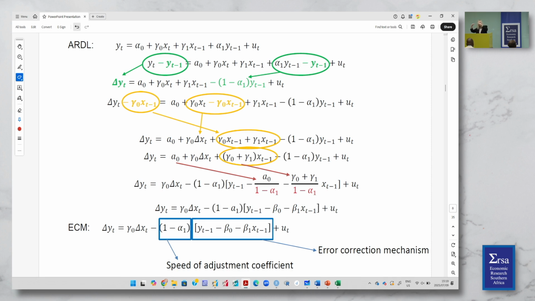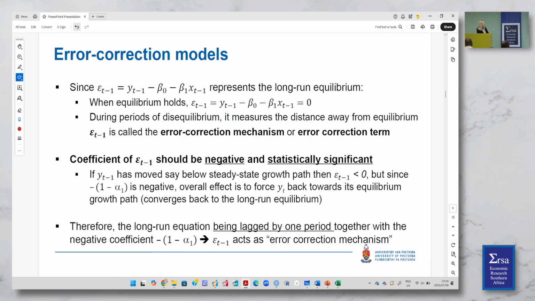T and T minus 1 and T minus 2, there's no real force to move out of that equilibrium position. So that relationship should be true for T minus 1 and for T plus 1, etc. That's why we lag it, so that it can act as an error correction mechanism.